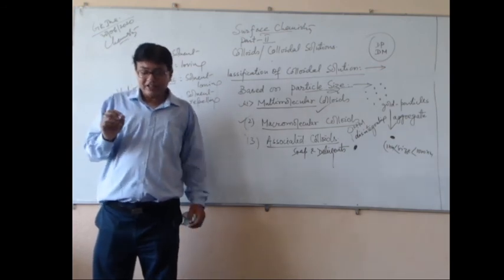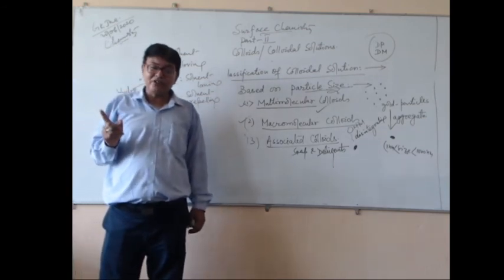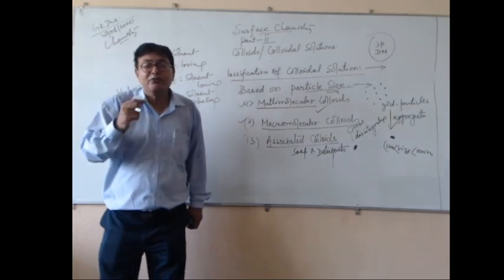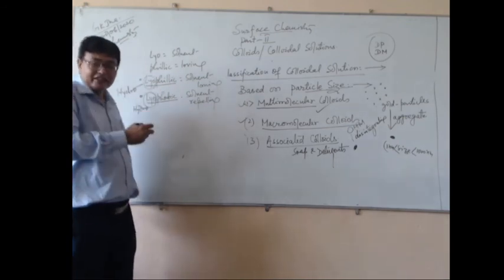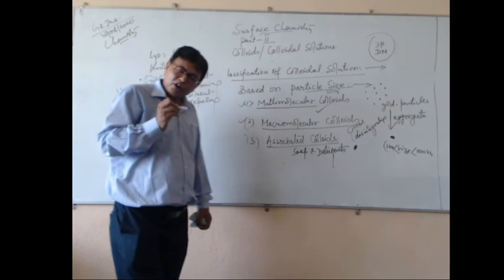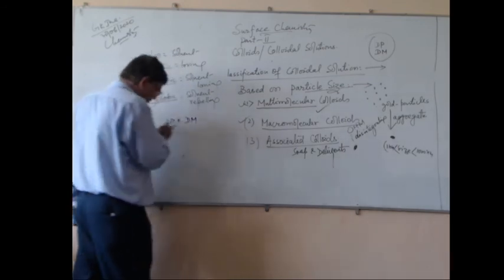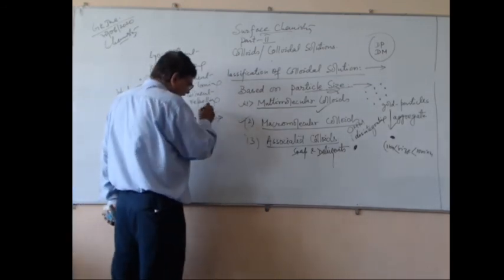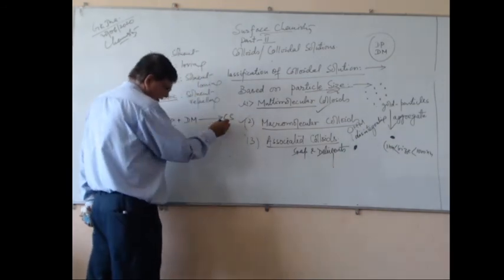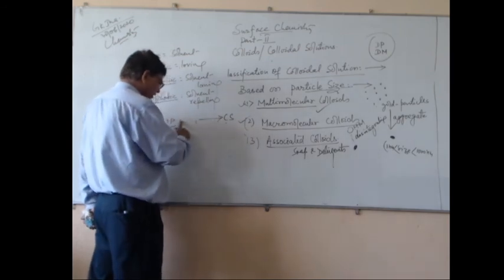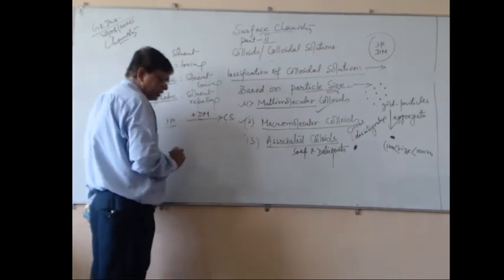In that case, suppose dispersion medium is added again, then what happens? Again, colloidal solution is formed. This is simply because it is solvent loving, solvent attracting. With the addition of DM, dispersion medium, to DP, dispersed phase, other parameters like temperature being suitable, immediately a colloidal solution is formed.